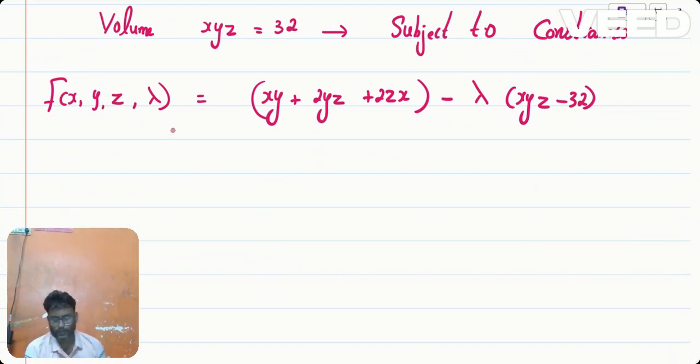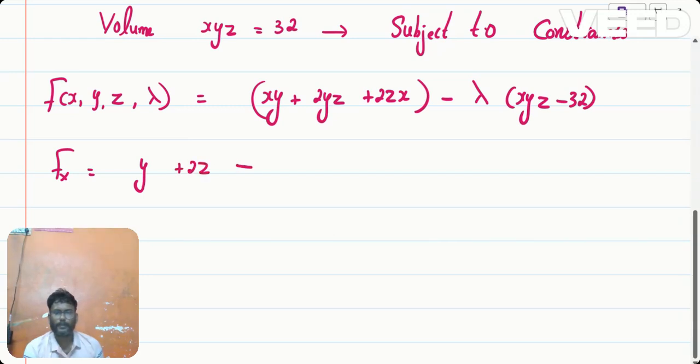So first we want to find the derivative with respect to x. So f sub x is equal to y plus 2z minus lambda yz. Similarly, f sub y is equal to x plus 2z minus lambda xz, differentiating partially with respect to y.